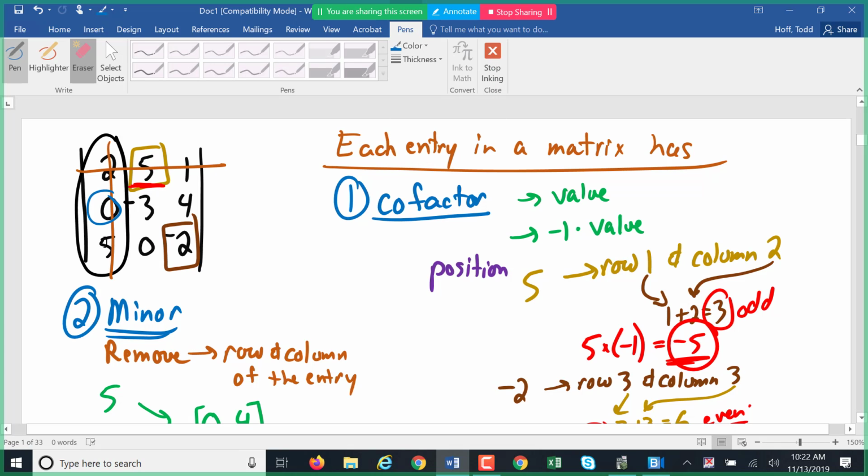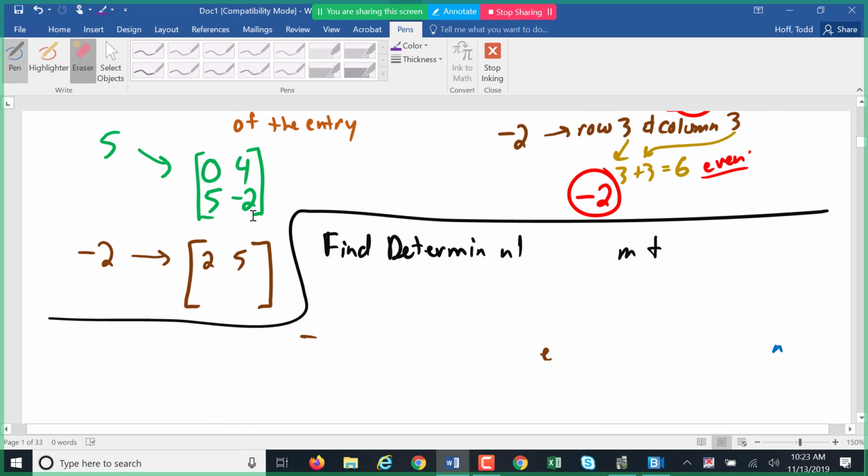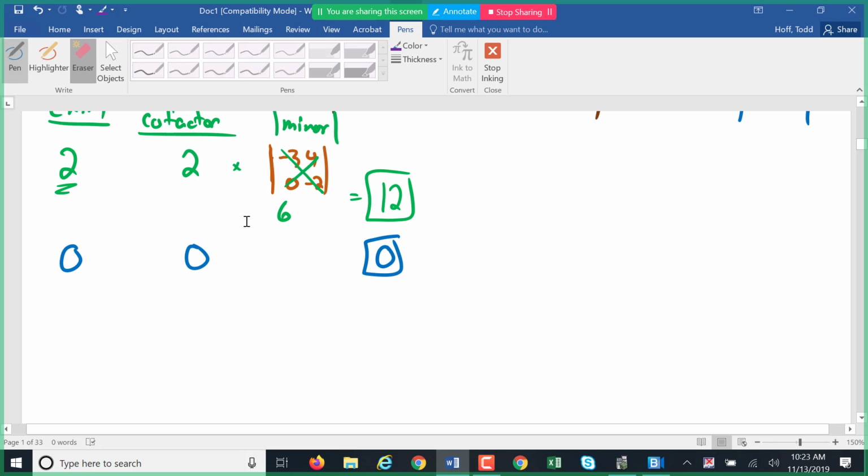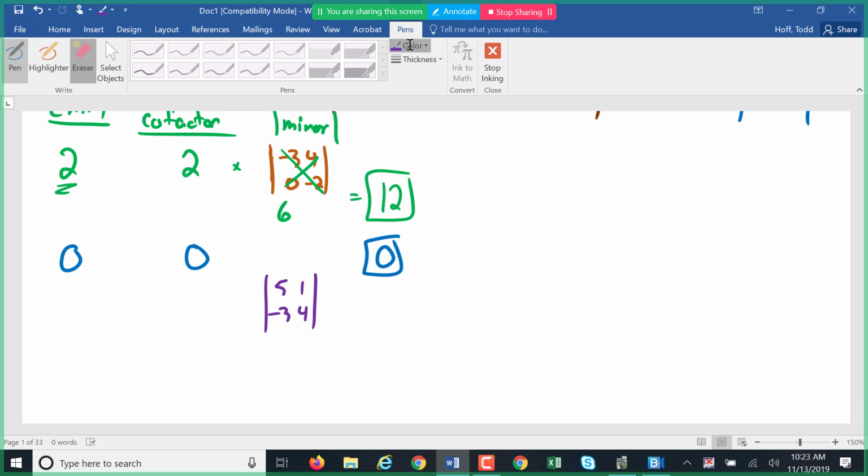The expansion for the 5, well, the minor is going to be 5, 1, negative 3, 4. I'm going to write that down right now. The 5 itself is in row 3, column 1, that adds up to 4. That's even.